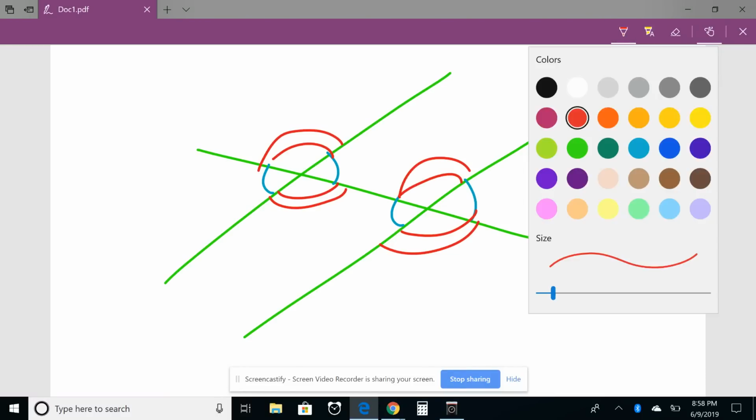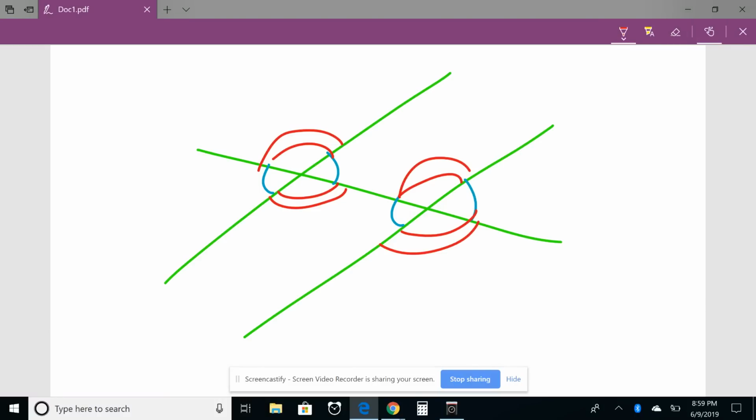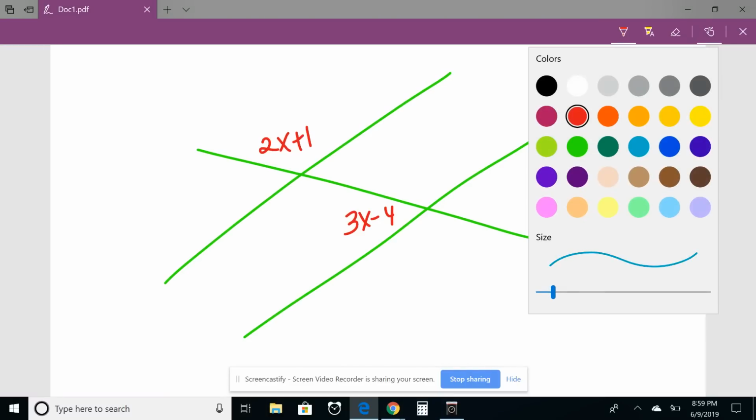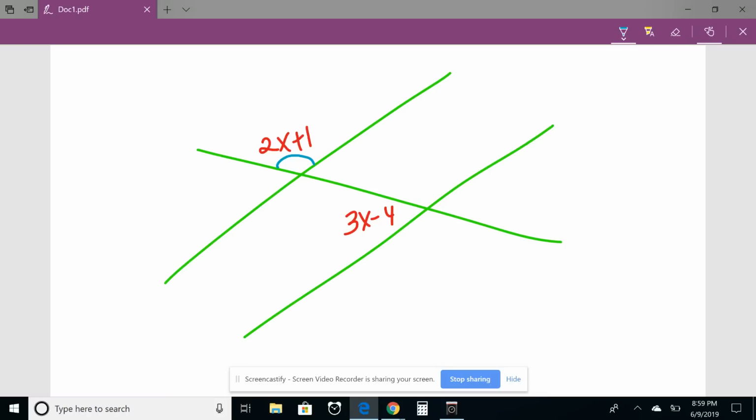Depending on how these diagrams are labeled is going to be how you create your equation. So, let me label this one 2x plus 1, and let me label this one 3x minus 4. The 2x plus 1 angle is obtuse.